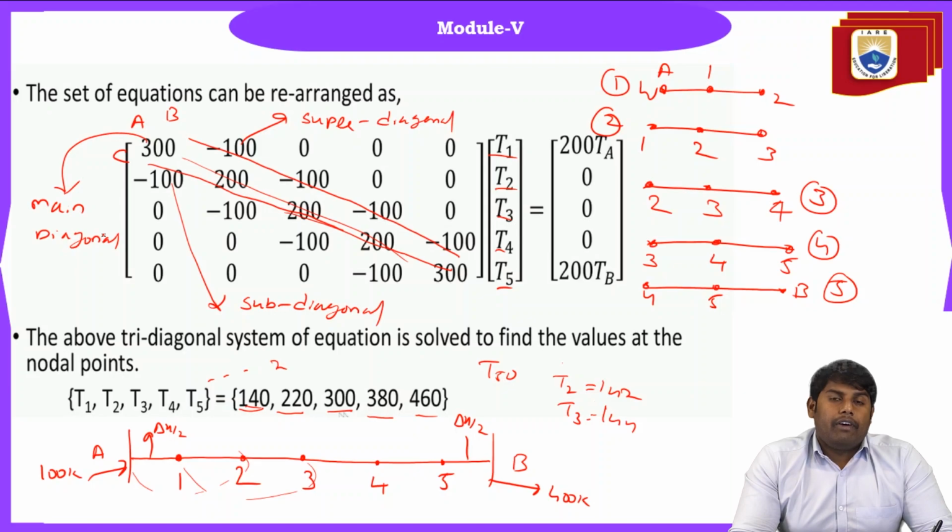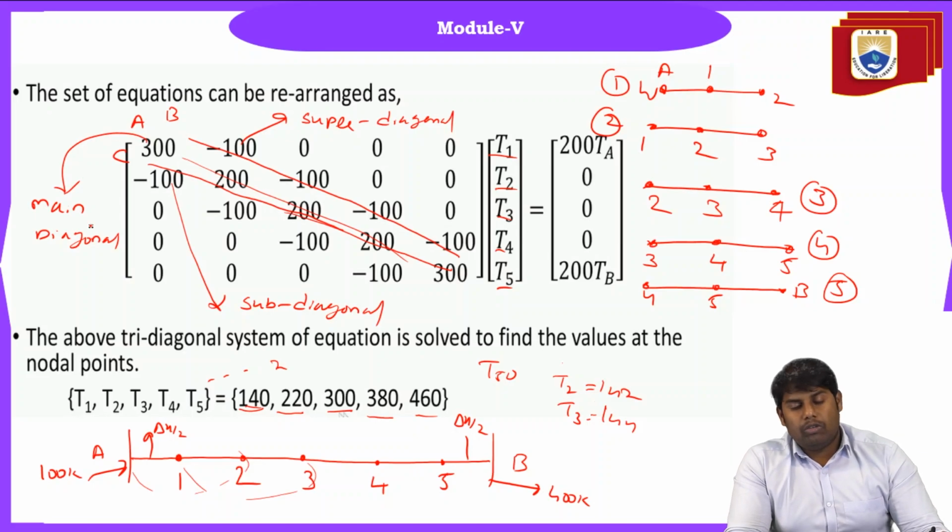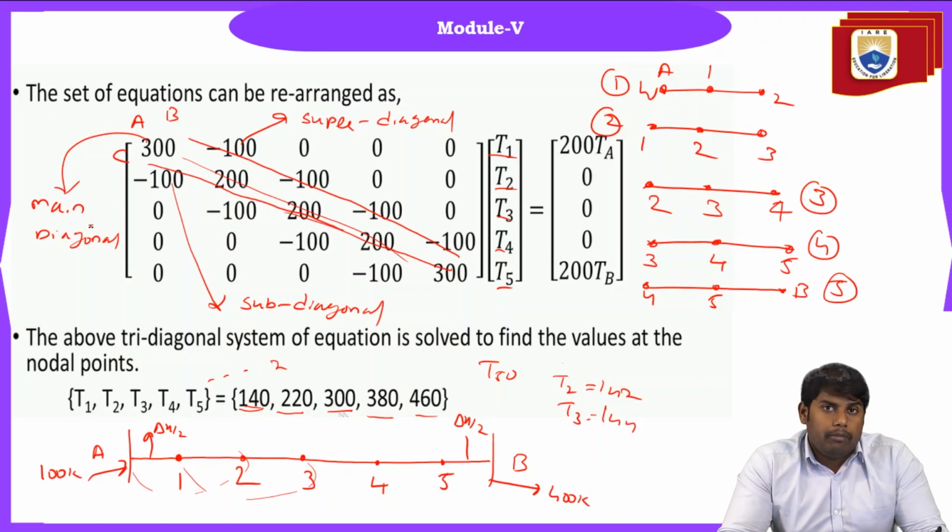For that element, we divided it into 5 elements. When we applied the equation aP TP, or let's say aP P equal to aW W plus aE E, for the interior nodes 2, 3, 4, we framed a matrix here.